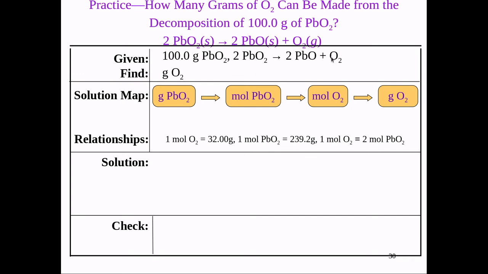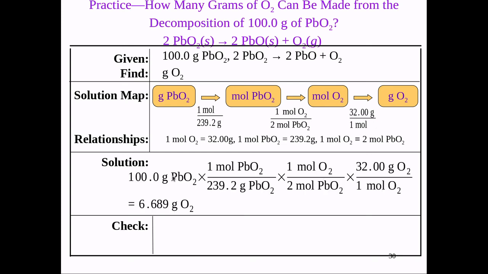We know that we're going to get 1 mole of O2 for every 2 moles of lead oxide. We get our relationships here, and then we string them together.